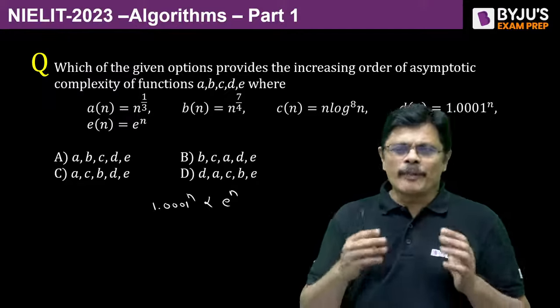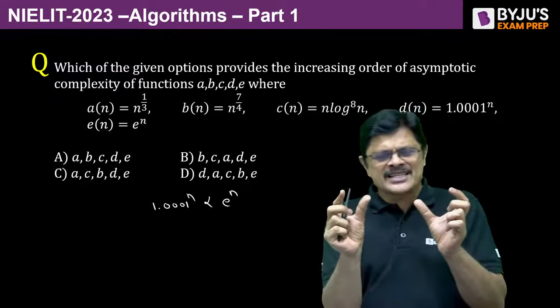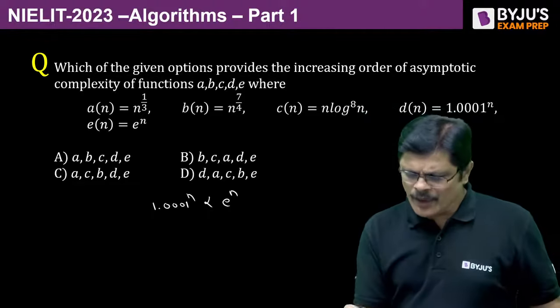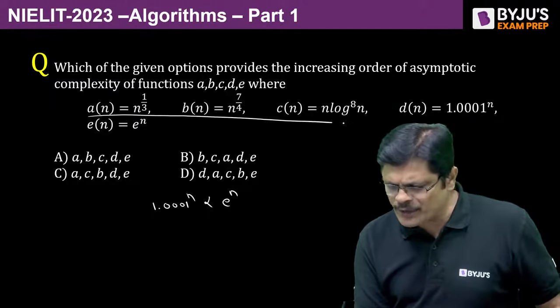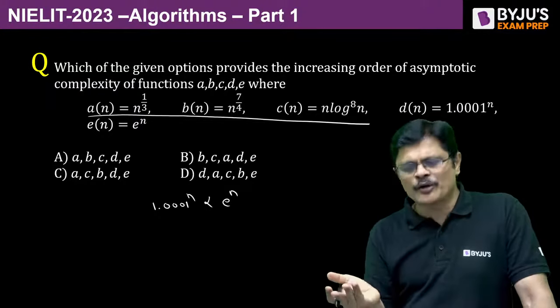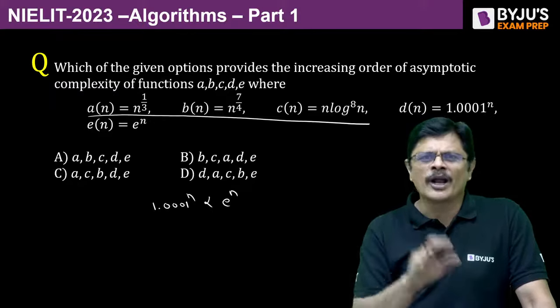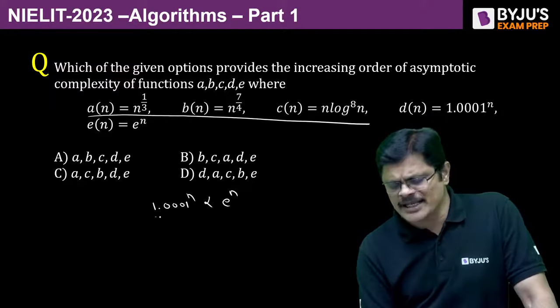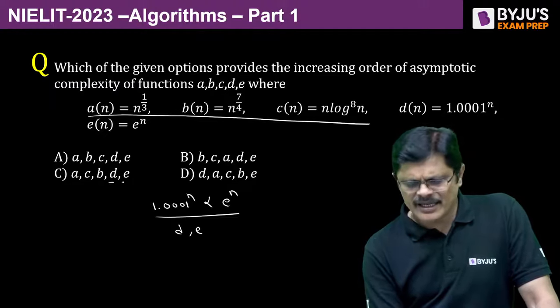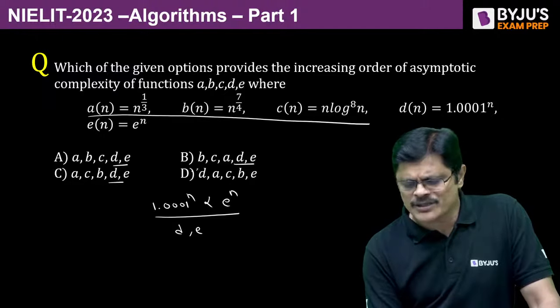The power is the same, so whichever base is larger will dominate. So this order is fine. Now we need to fix the order of this polynomial one, because obviously the polynomial will be smaller than these two. So this is the order, that is D and E is fixed. D is in 3 options, so this is ruled out.